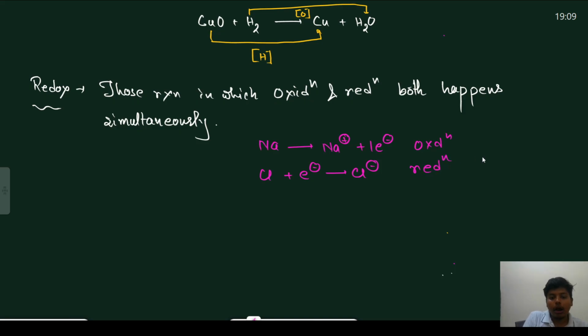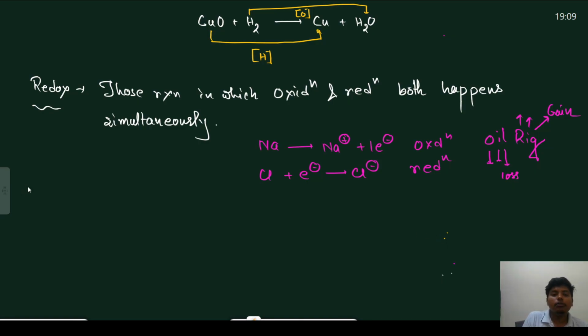So how to remember this? Remember OIL RIG: oxidation involves loss of electrons and reduction involves gain of electrons.